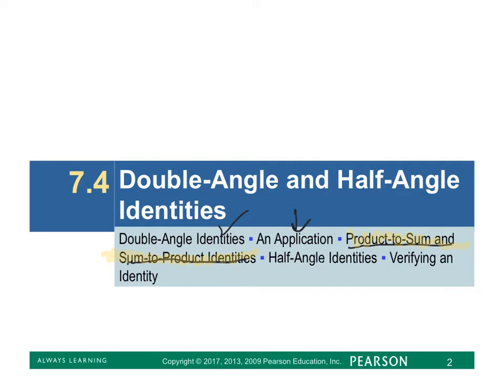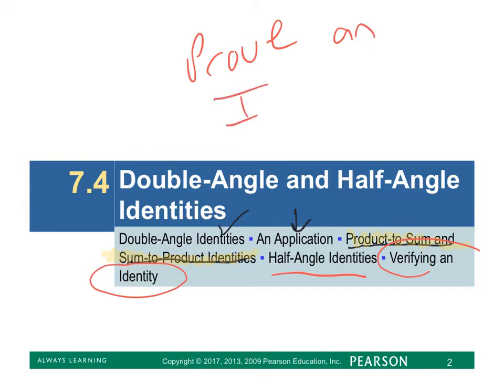half angle identities, it definitely does come up. And of course, verifying an identity, it means proving an identity, which we've done before.